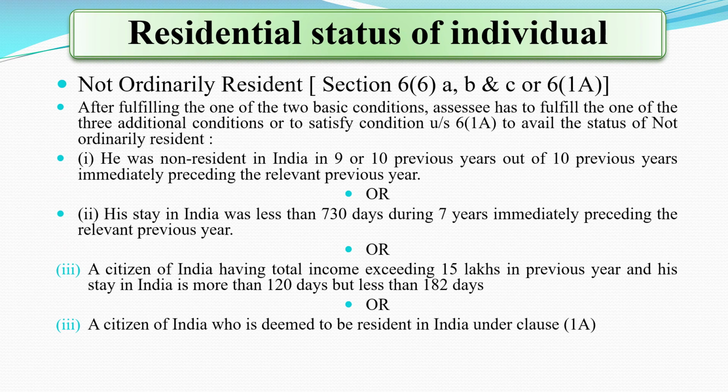Now, next is the not ordinary resident. If the person does not satisfy the conditions of an ordinary resident, then we check the conditions of a not ordinary resident.